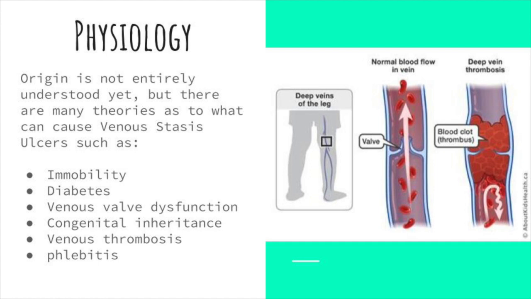The physiology of venous ulcers is not entirely clear. Venous incompetence and associated venous hypertension are thought to be the primary mechanisms for ulcer formation. Factors that may lead to venous incompetence include immobility, ineffective pumping of the calf muscle, and venous valve dysfunction from trauma, congenital absence, venous thrombosis, or phlebitis.